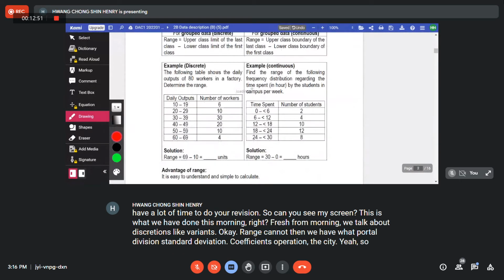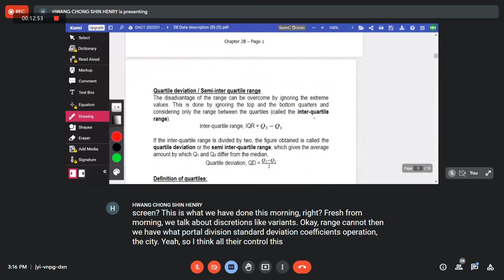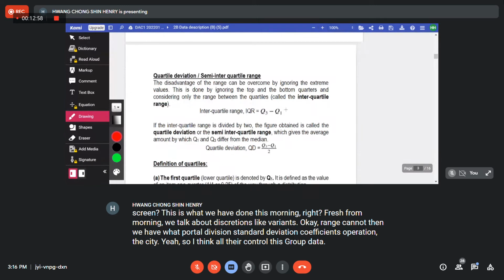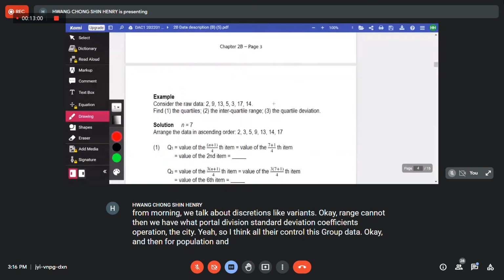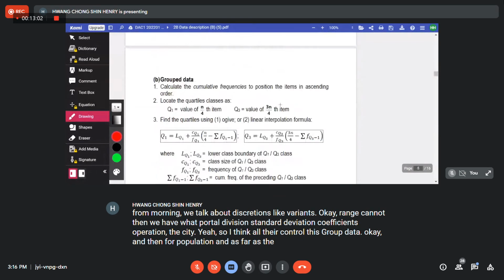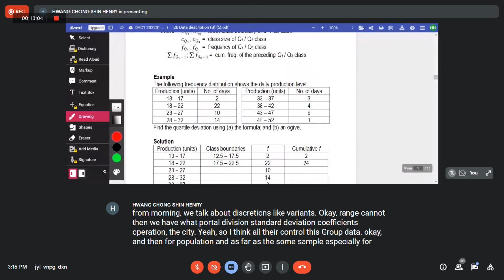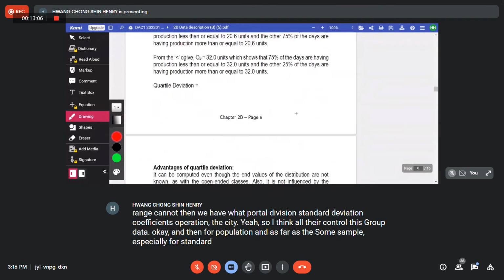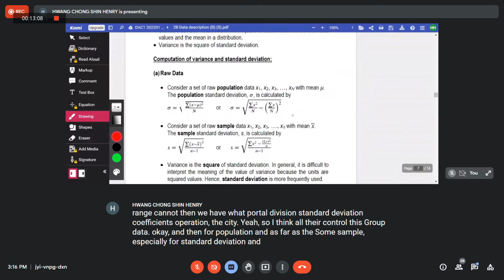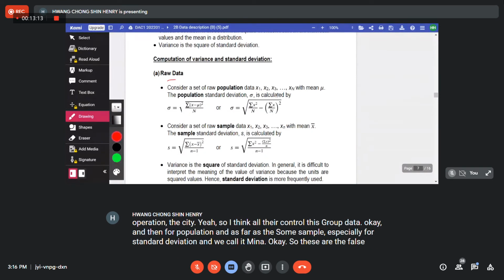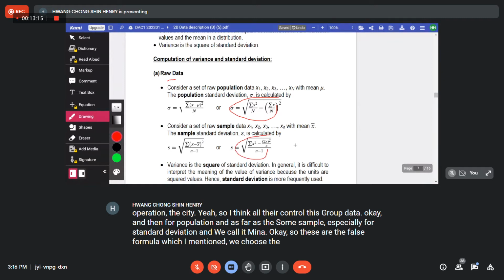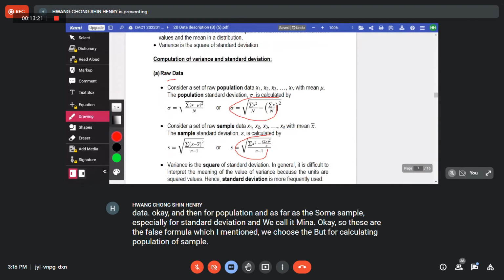I think we all have control of this, for grouped data and raw data, and for population as well as sample, especially for standard deviation. These are the formulas which I mentioned. We choose the simpler ones for calculating population or sample standard deviation.